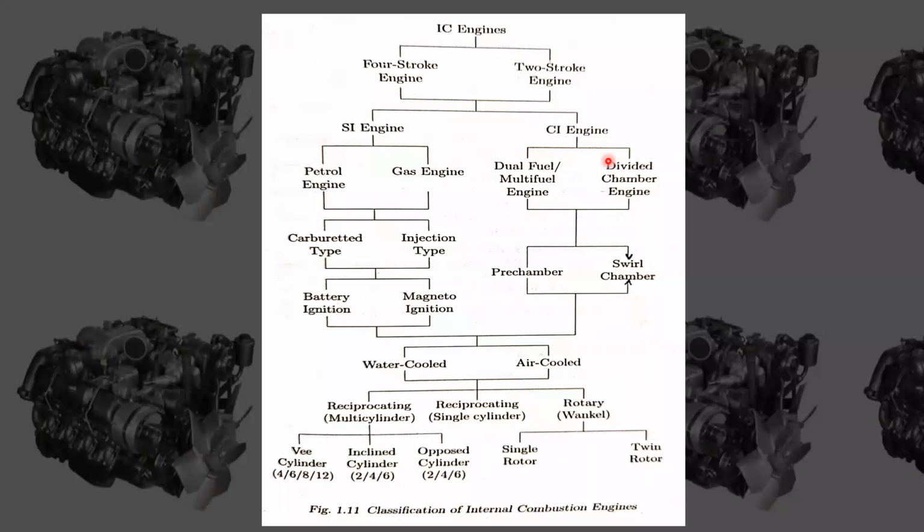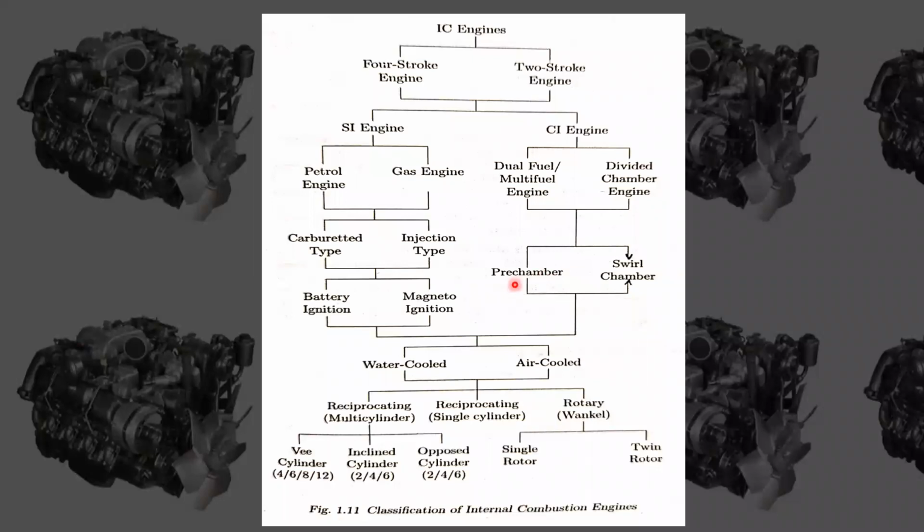Coming to the CI engine, under dual fuel or divided chamber engines, we have both types. Under both we have pre-chamber and swirl chamber. That means, depending on how the fuel gets into the cylinder within the combustion chamber, these two are classified.